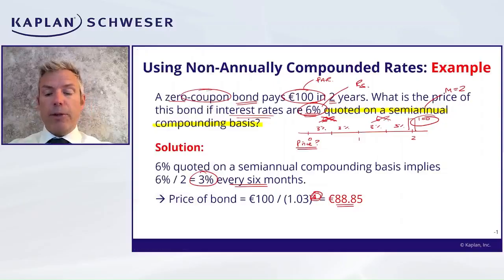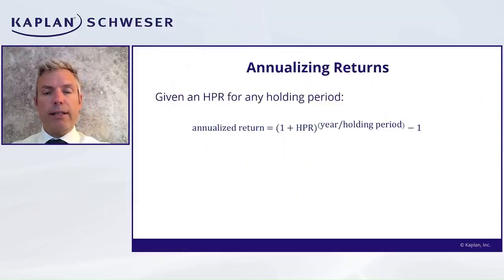We're going to move on now to another important concept, which is annualizing returns. So the idea here is that we've got different holding periods of different lengths. And what we want to do is standardize our returns to compare them. When I say standardize, what I mean is show them for the same time period. So the default time period for a rate of return that we standardize to is a year.